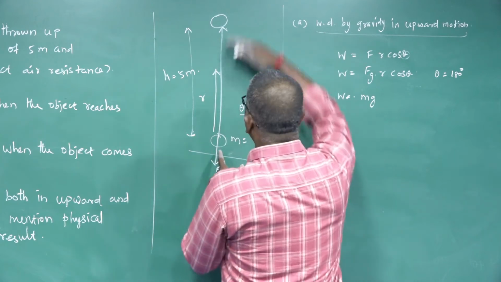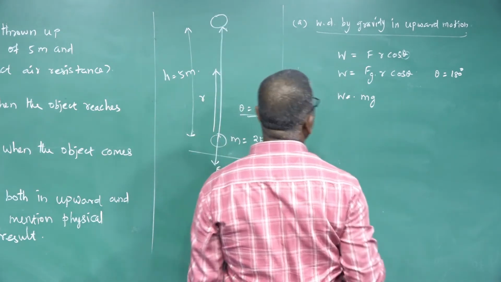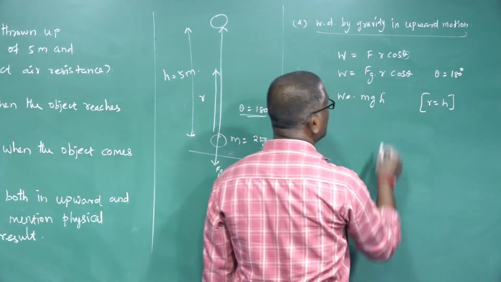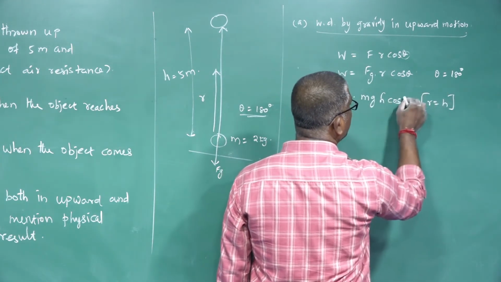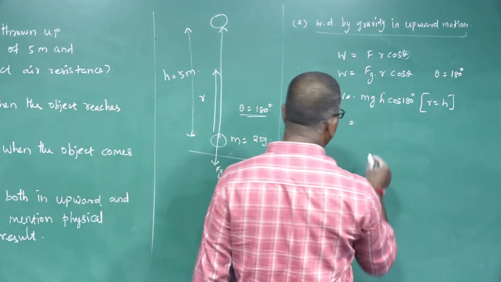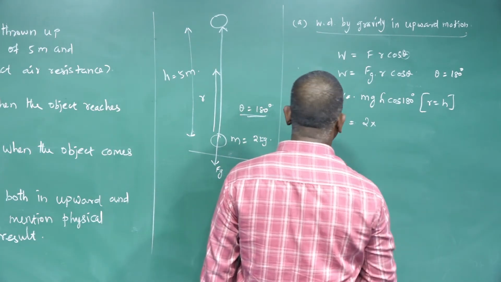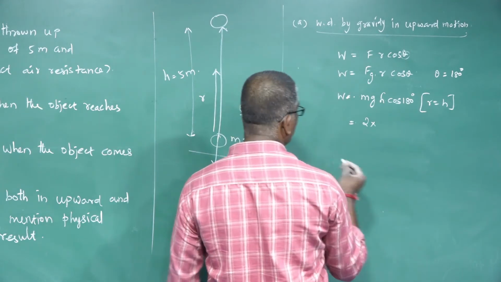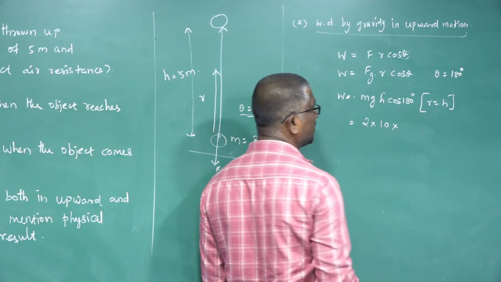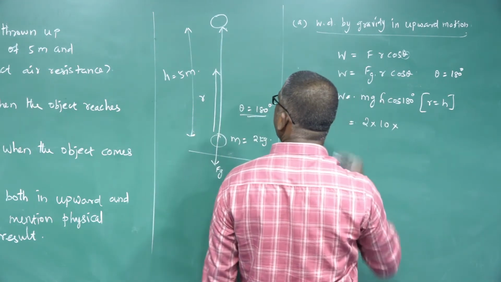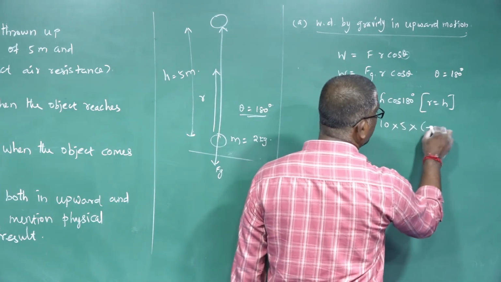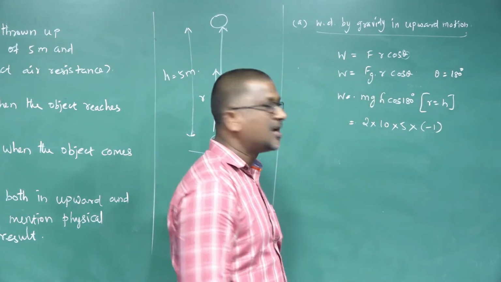Here the displacement is nothing but the height of the object, h, into cos 180 degrees. The mass is 2 kg, g is taken as 10 m/s², and the height reached is 5 m, into cos 180. Cos 180 is minus 1.